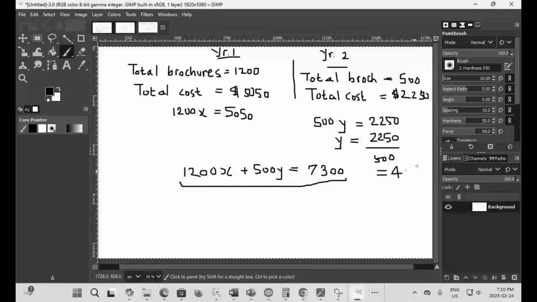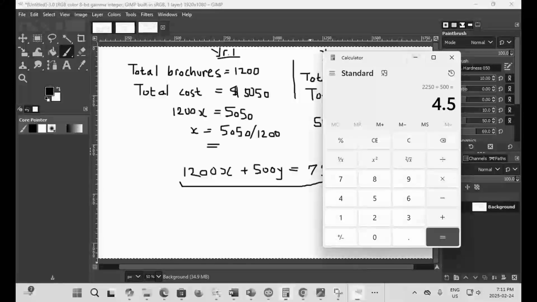So y equals 4.5. We can do the same for x. We know that x equals 5,050 divided by 1,200, which is 4.21.